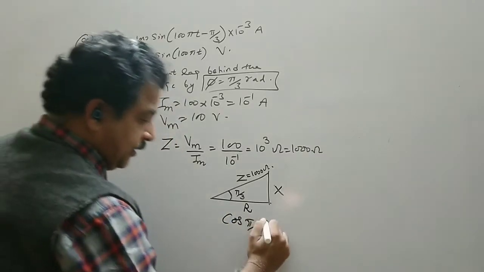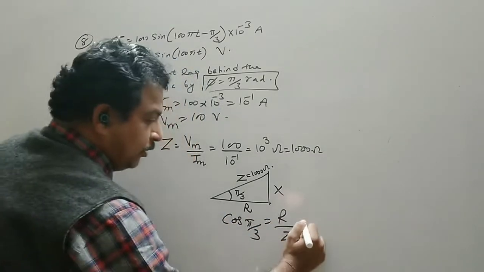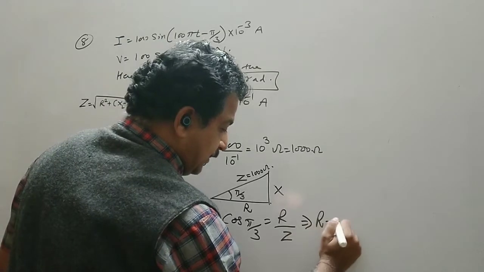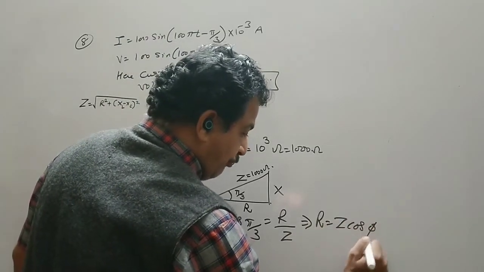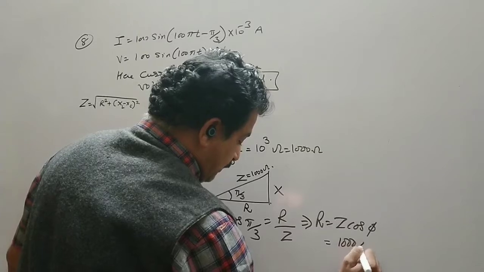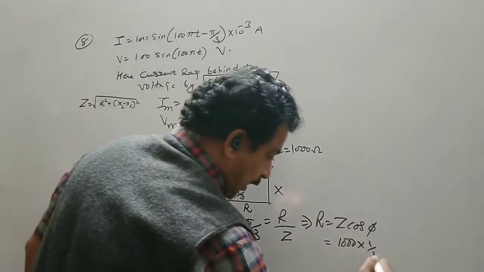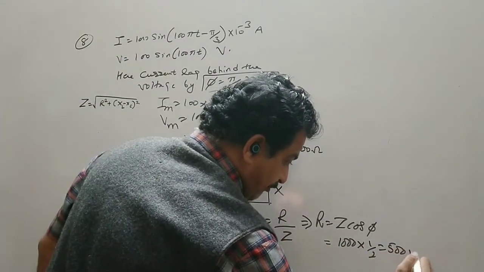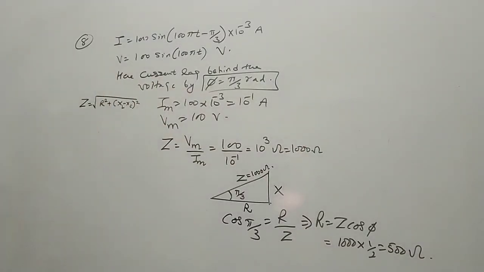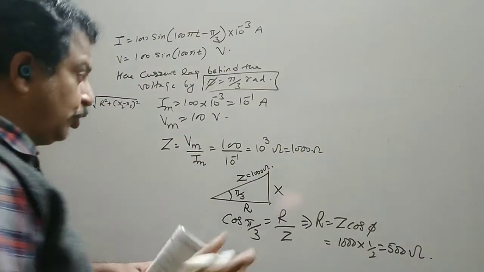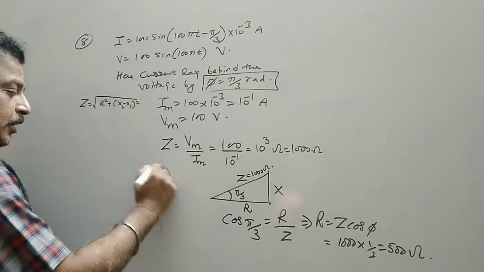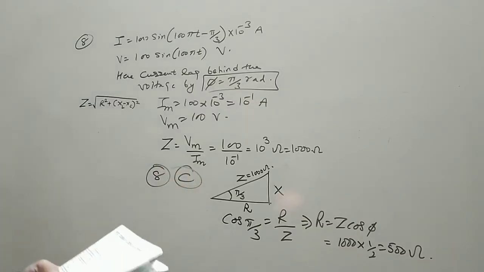So cos theta is equal to R upon Z. This implies R is equal to Z cos of phi. So Z is 1000 cos of 60, that is half. So it becomes 500 ohms. So for question number 8, we have option C.